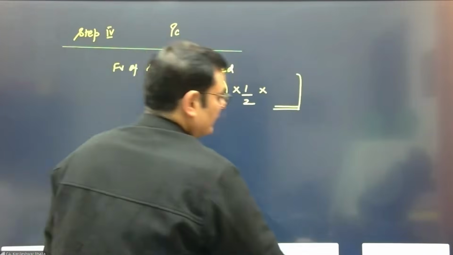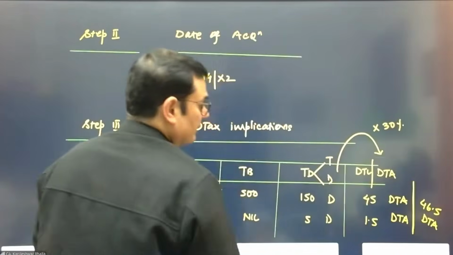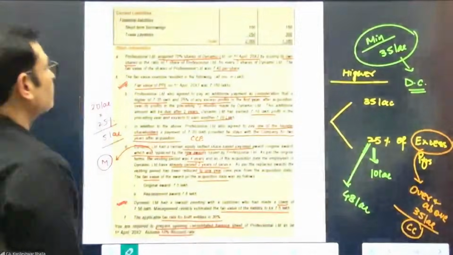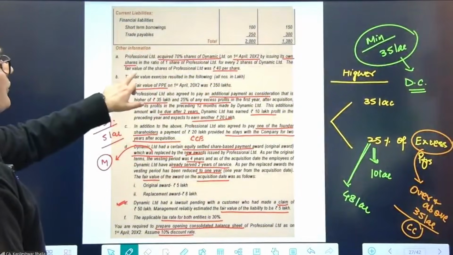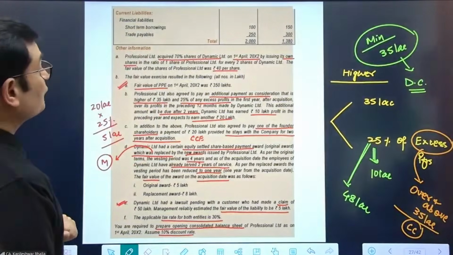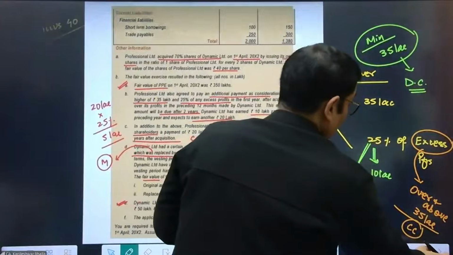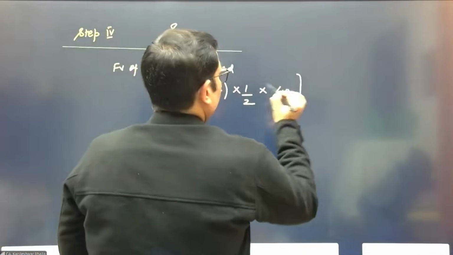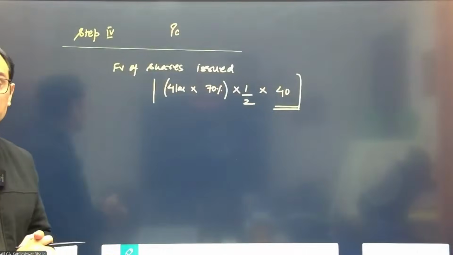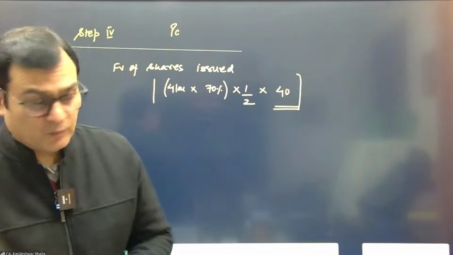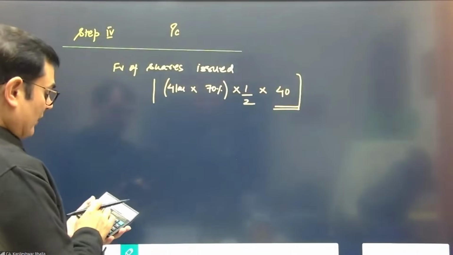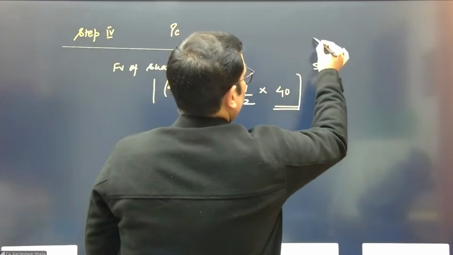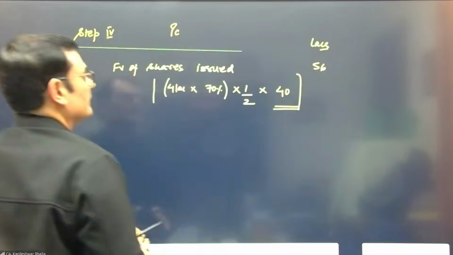And I think we were given the fair value of the share in the additional information. Let's have a look. So it says that the fair value of the shares of Professional is 40 rupees per share. So this is the fair value of the shares issued, and that's a base calculation. So we get a total of 1.4 into 40. That comes to a total of 56 lakhs.